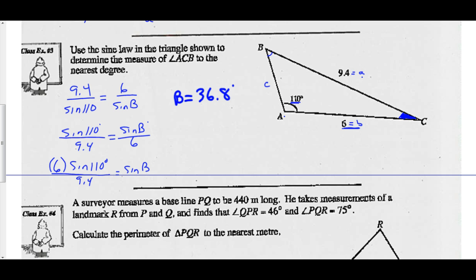This question asks us to find ACB, which is actually angle C. So to find angle C, we should say 180 minus 36.8 minus 110. So angle C is 33.2 degrees, and it says answer to the nearest degree, so 33 degrees.